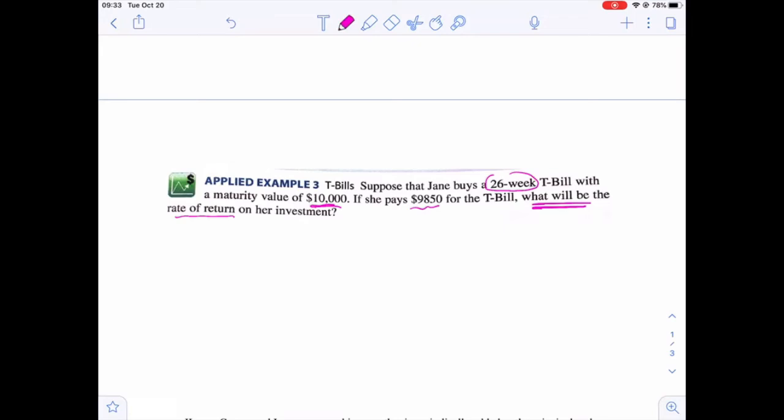Now how to find the rate of return? We have the formula A equals P times 1 plus RT, and we need to determine the values of A, P, R, and T. So A is the money accumulated, it's 10,000.